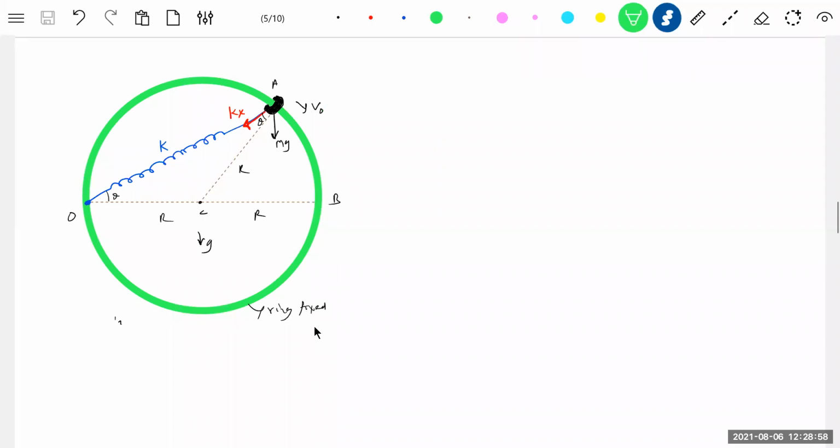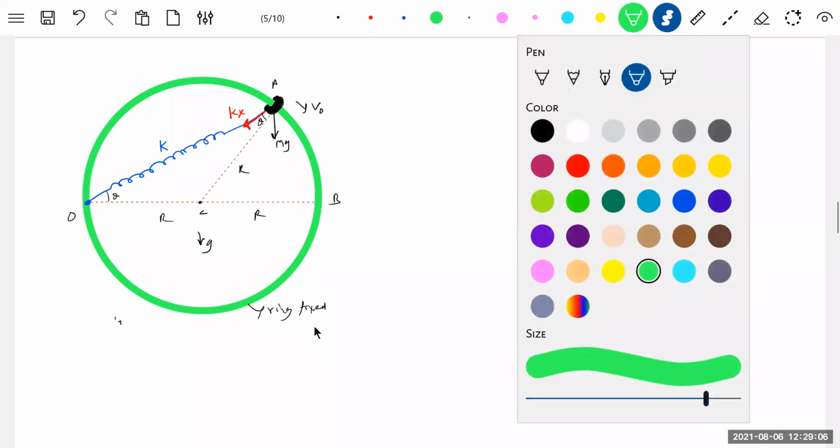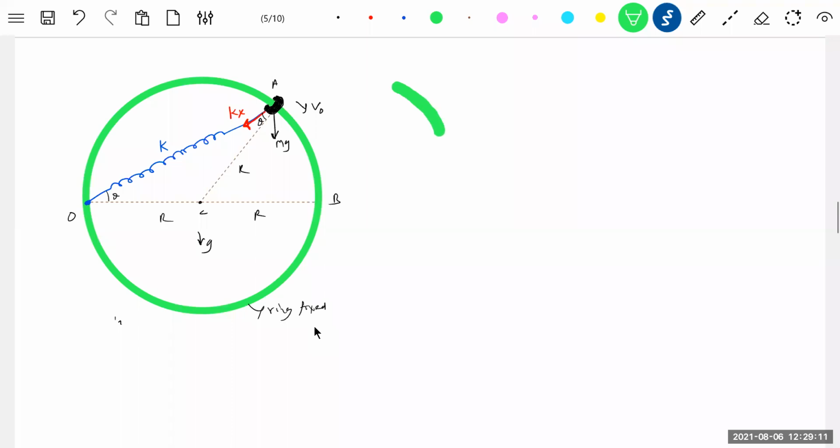So therefore, if you look at the bead, if this is the ring, we have to learn how the forces are acting here. This is a part of the ring, and this is our bead.